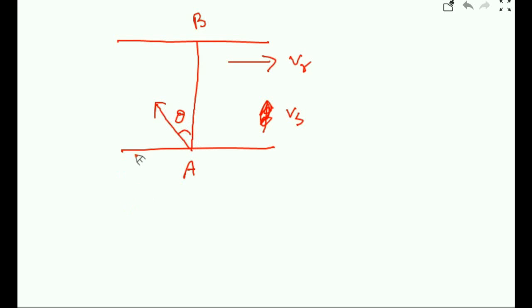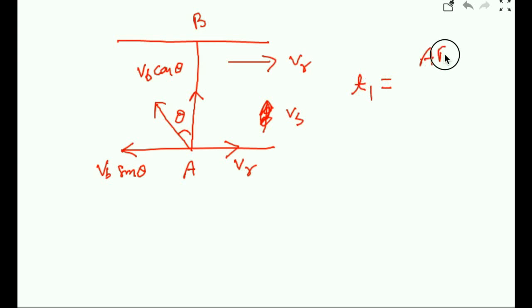So now the velocity of the boat in this direction will be VB sin theta and in the perpendicular direction VB cos theta, and in this direction is the velocity of the river. So the time taken T1 for the shortest path will be AB by the total velocity along the AB direction, that will be VB cos theta.